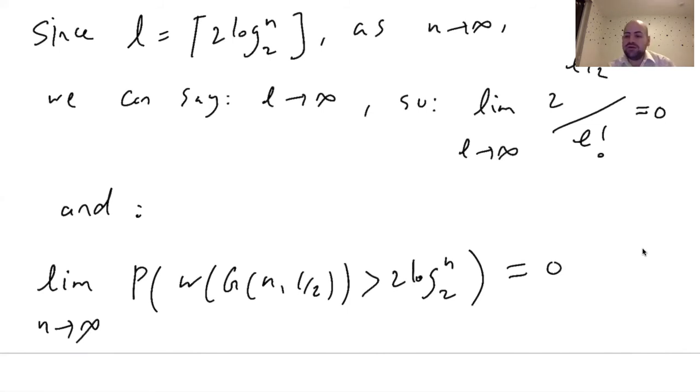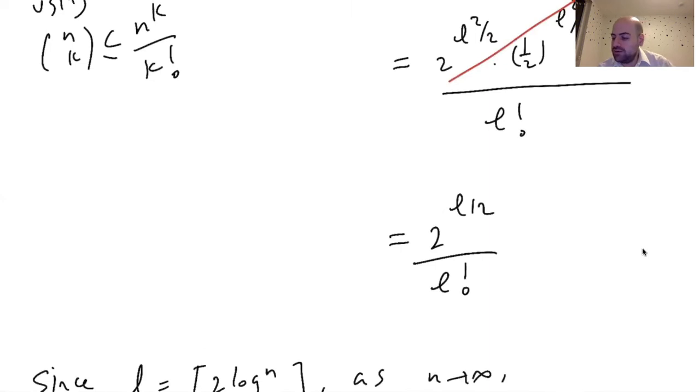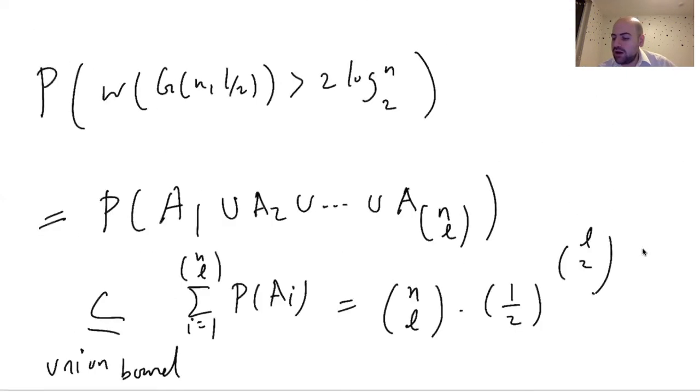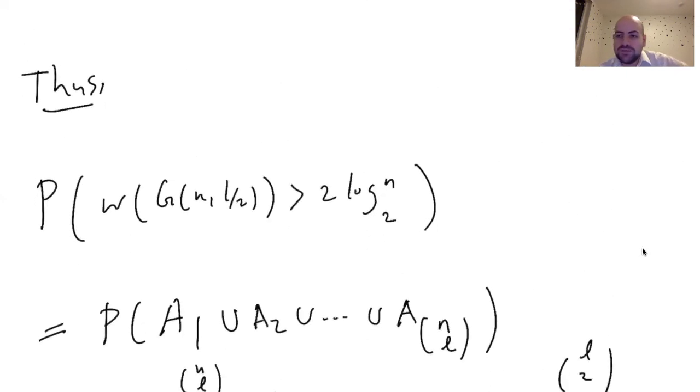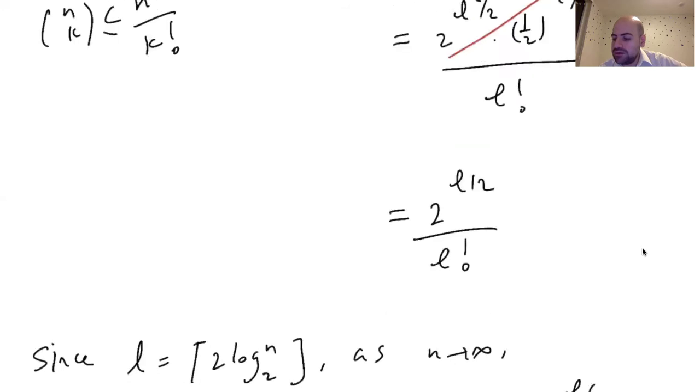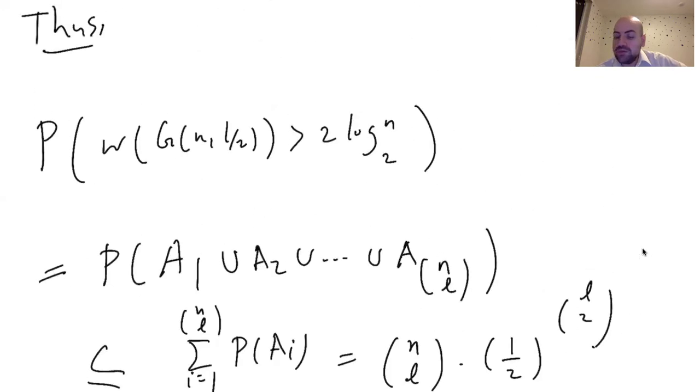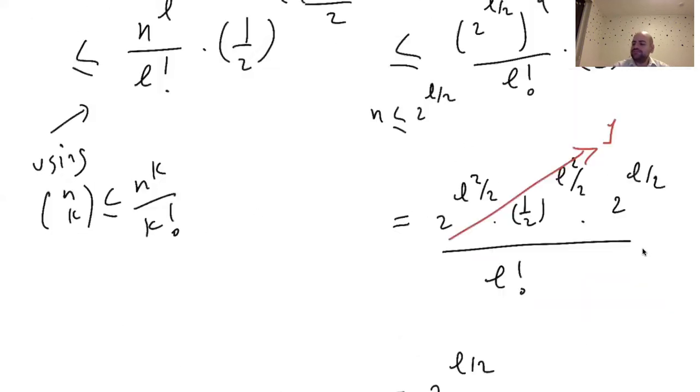Remember that this guy here, 2 to the power L over 2 over L factorial, was an upper bound for this probability. So as n goes to infinity, which means L also goes to infinity, the upper bound goes to 0. So the probability also goes to 0 as n goes to infinity.